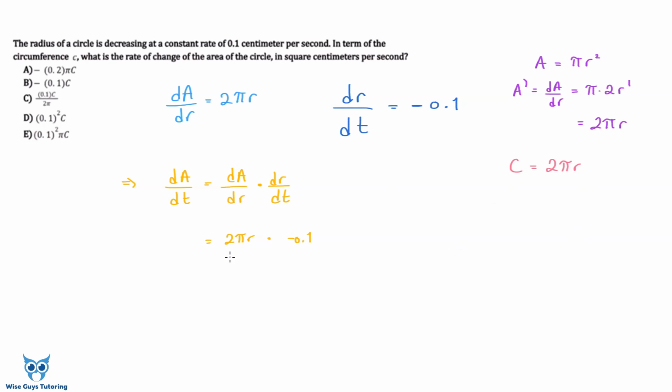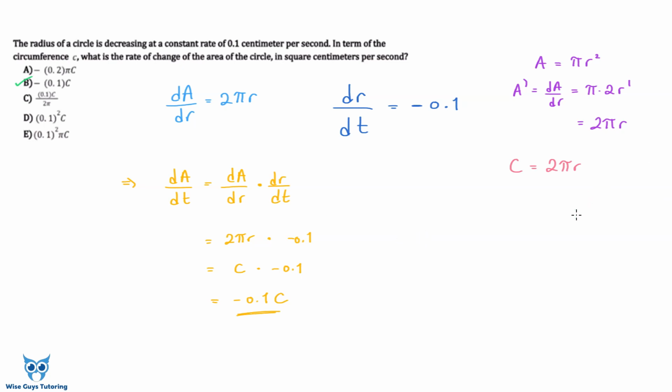So instead of 2 pi r, I'm just going to put C. So it's C times minus 0.1. Normally we like to put the number before the variable, so it's minus 0.1 C. Which one is that? Looks like B. There you go. So the answer to this one is B.